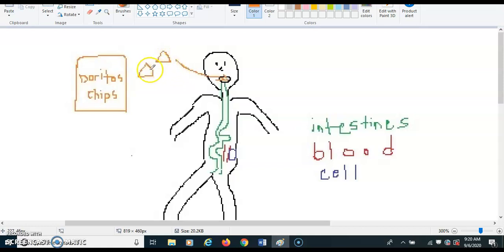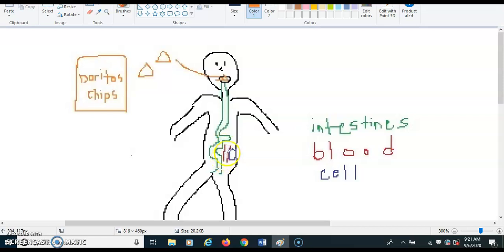So if we eat that whole bag of chips while we're watching the movie, that salt is going to end up in our intestines. And then the nutrients that are in our intestines get absorbed into our bloodstream. So they'll move from the intestines into our blood. So if we eat this whole bag of chips, we're going to get a whole bunch of sodium and chloride in our blood that wasn't there before.